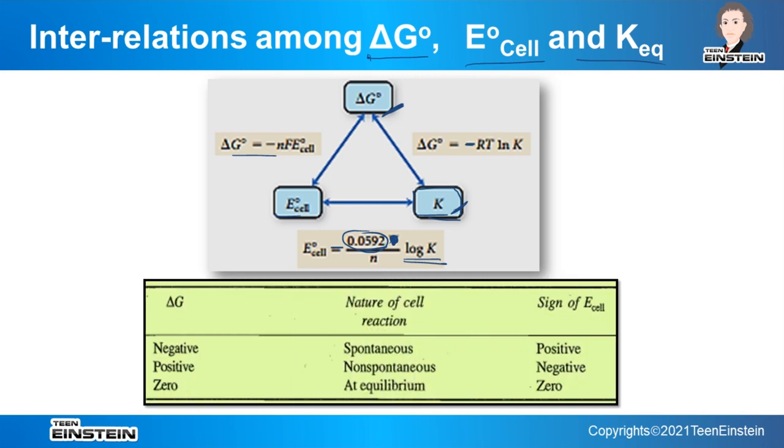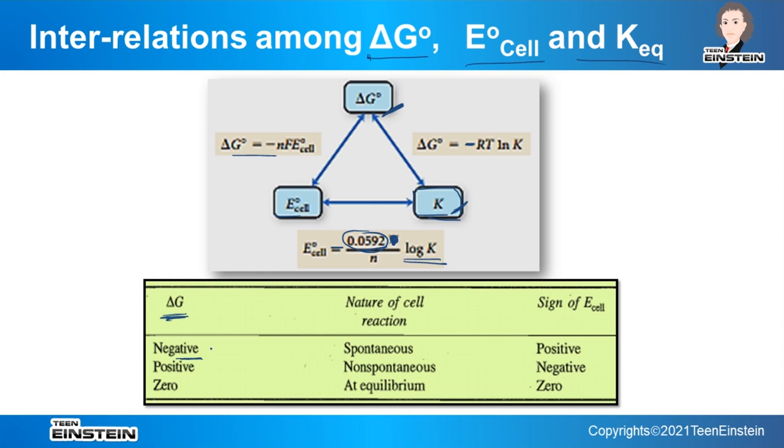So from this table we can have a quick idea that when the sign of ΔG is negative, see, this is ΔG, it is not ΔG°, it is the overall, that is at any condition. ΔG° means what? It is at standard condition. But if we have written ΔG simply without any naught sign, that means it is at any condition, at any concentration.